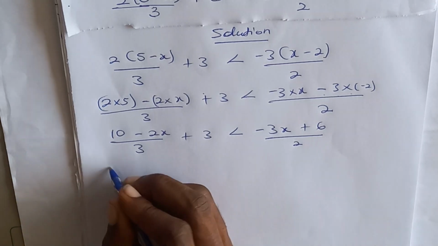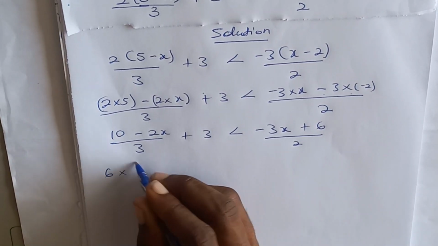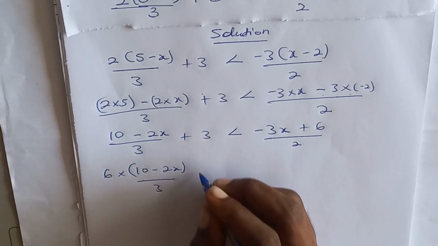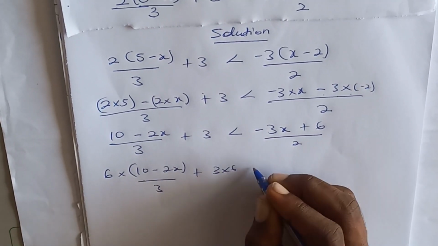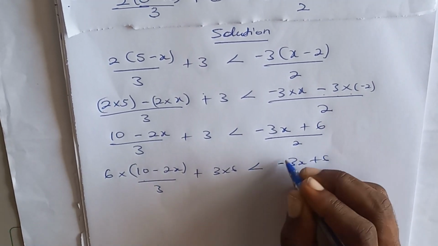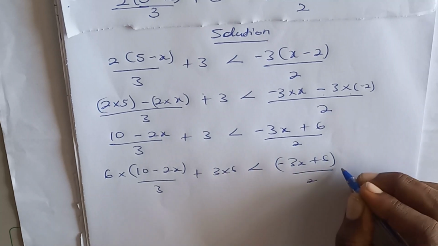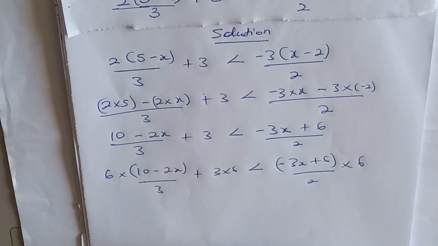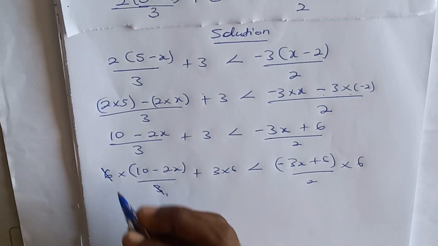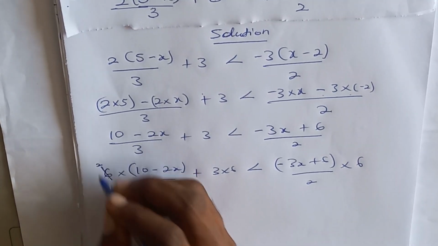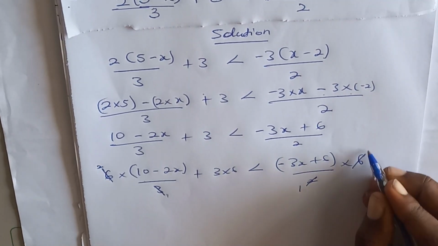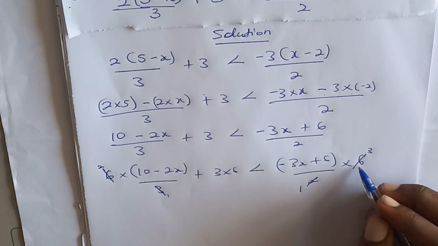So it's going to be 6 multiplied by 10 minus 2x on 3, plus 3 times 6, less than negative 3x plus 6 all into bracket on 2 times 6. We know that 3 goes into itself 1 and goes into 6 2 times. Also, 2 goes into itself 1 and goes into 6 3 times because 2 times 3 is 6.